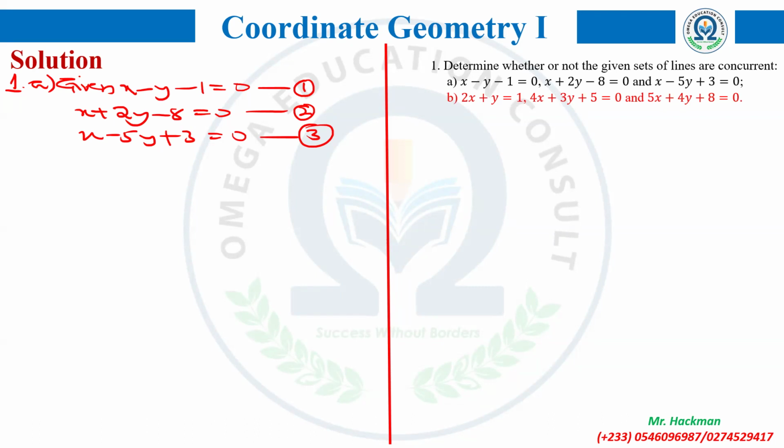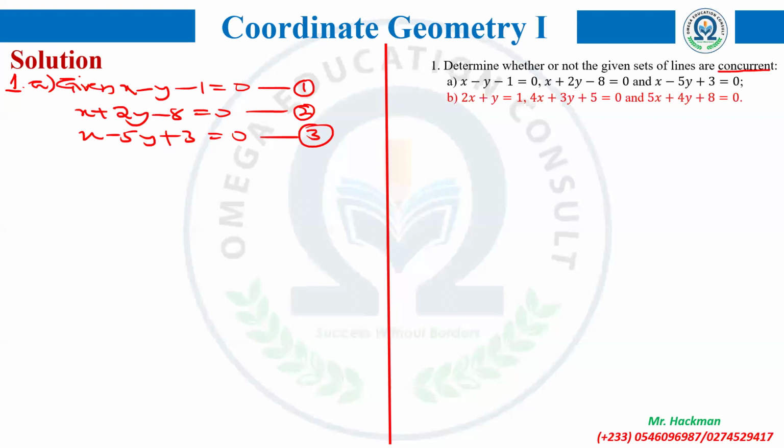To determine that lines are concurrent, the points of intersection must be equal. So I'm going to find the point of intersection of equation 1 and equation 2, these two lines. Is my point well made?